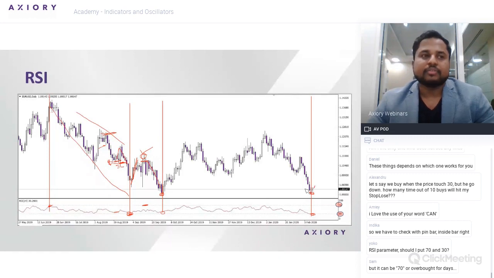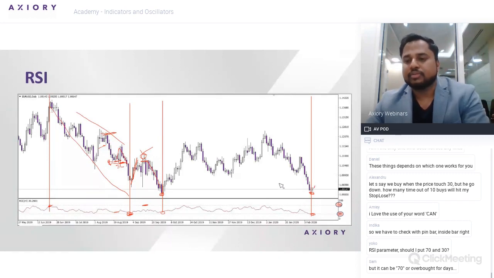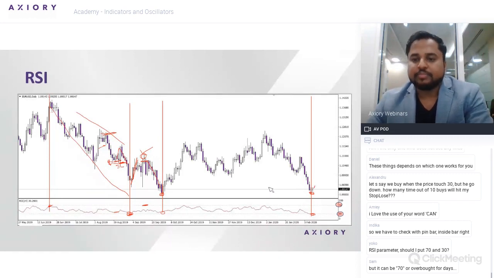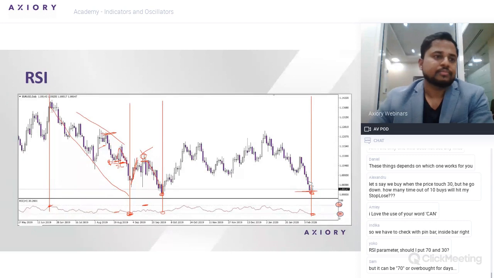I never try to jump on the opposite side. I prefer to stay with the trend. This is a nice area to look for a buy, and on the confirmation we will go for a buy from here.